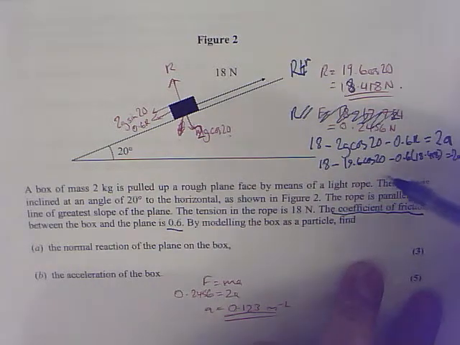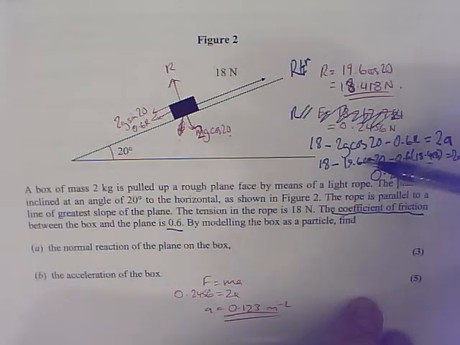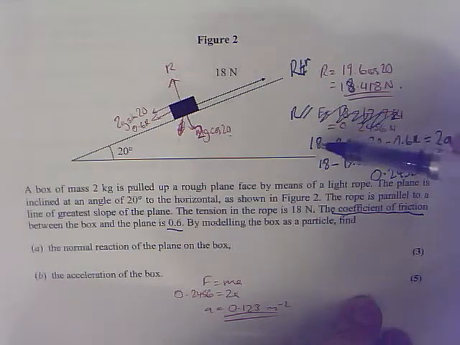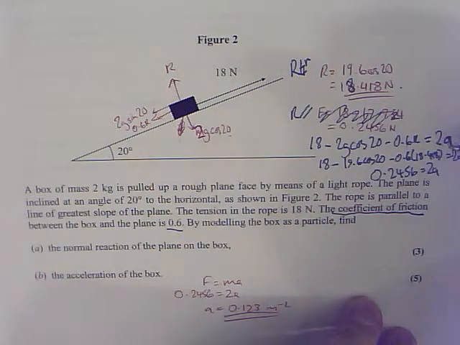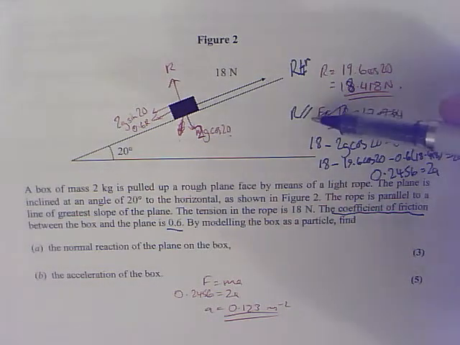So we do 18 minus 19.6 sin 20 minus 0.6 times R, which we worked out in the first bit, which is 18.418, equals 2a. And what we get from all that is 0.2456 equals 2a.